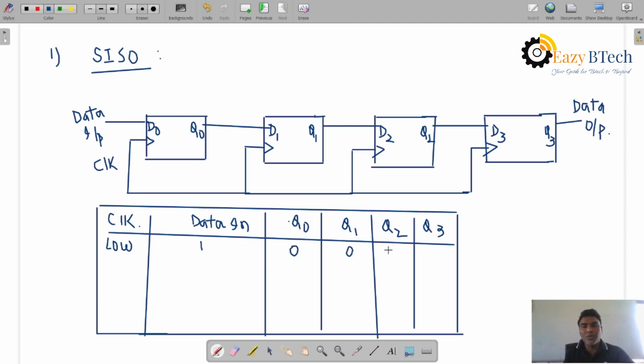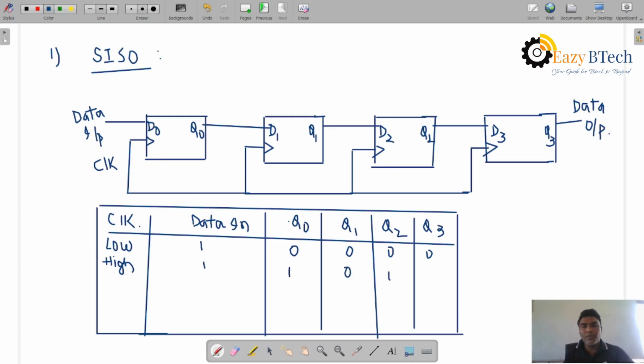Initially 0, 0, 0, all the outputs are 0. When the clock is high and the first clock pulse is applied, with data equal to 1, the data goes to this D flip-flop and the output is also 1.